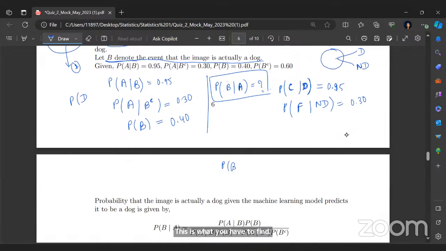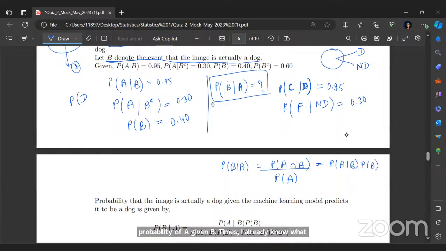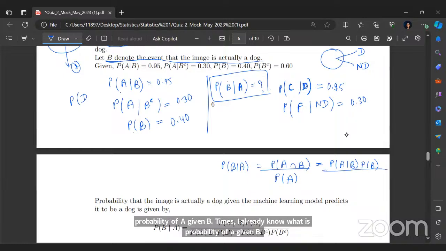Probability B given A is nothing but probability A intersection B divided by probability of A. And what is probability of A intersection B? This is probability of A given B times probability of B. I already know what is probability of A given B. I already know what is probability of B. So our numerator is done.